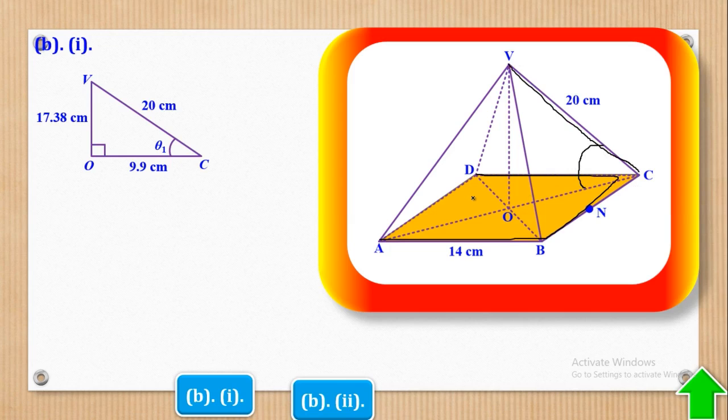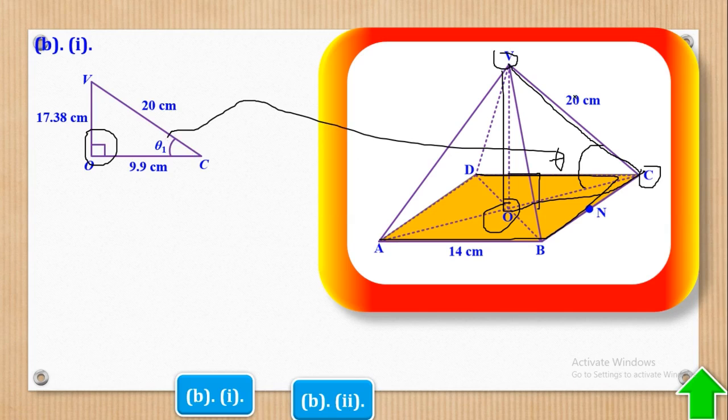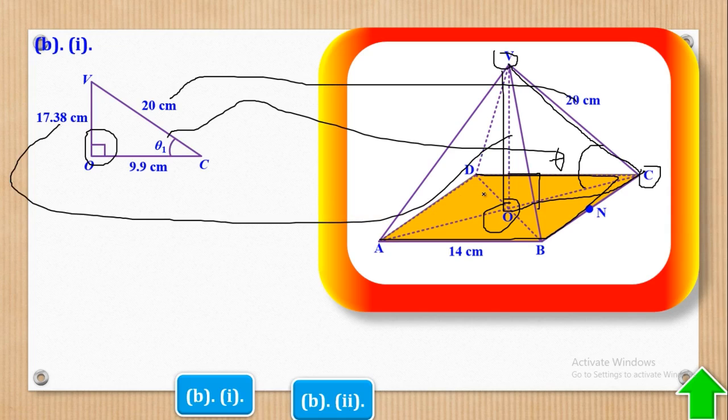That is why you're extracting out triangle CO and V, and that triangle is right angled at O. Therefore this is our theta 1. Then this slanting length was given as 20, and this VO has been got in part A as that, and this was got as that.